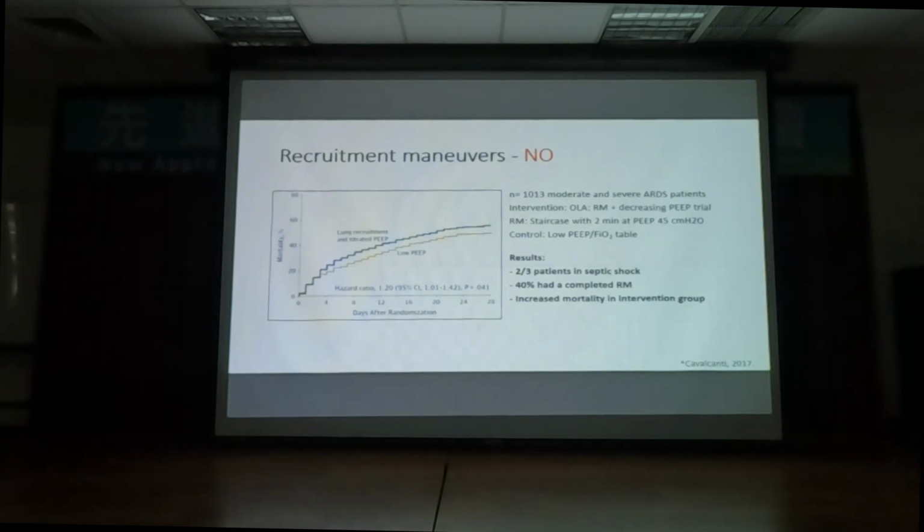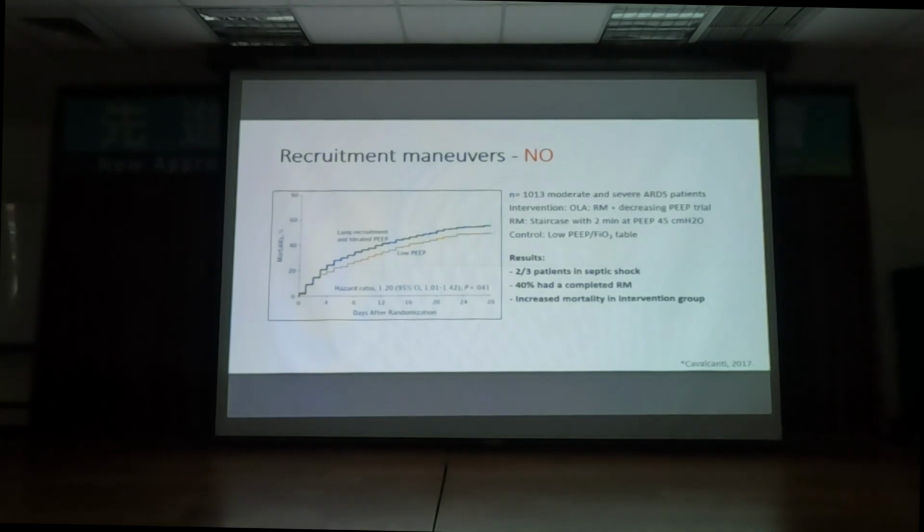Now the problem is, yes, they had increased mortality, but do you know how they did the lung recruitment? They did it using the staircase maneuver. Does anybody of you know how the staircase maneuver works? Okay, so you increase pressure with a constant driving pressure, and then you get to a certain PEEP. So what they did, they go up to 45 of PEEP, 60 centimeters of water of the upper pressure, and keep your patient there for one to two minutes.